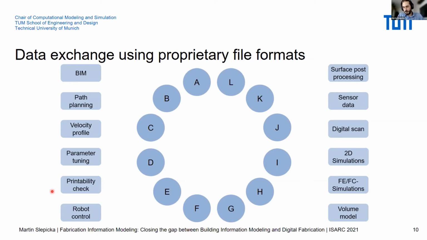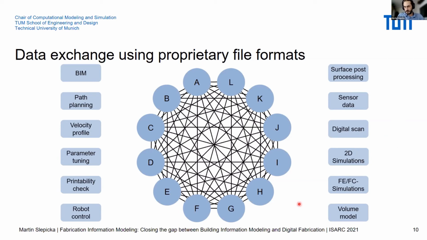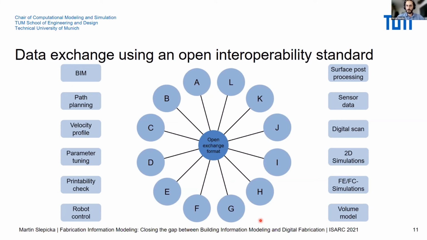So what we want to build on is working with open interoperability standards, such as the IFC standard, which is well established for the BIM methodology. What we use is the BIM information directly from this open interoperability standard, such as an IFC file, but it can also be represented as a database that is online and accessible.